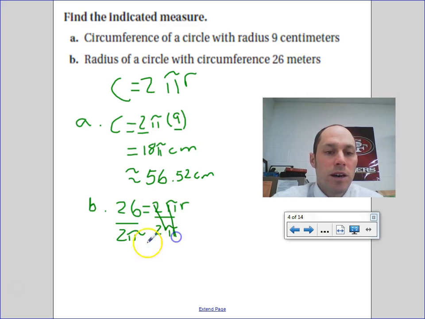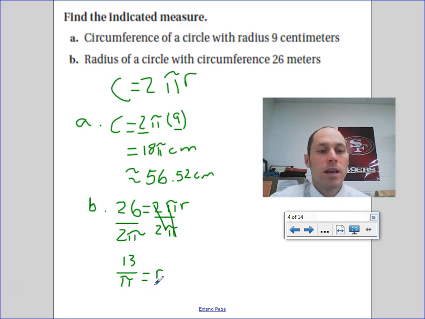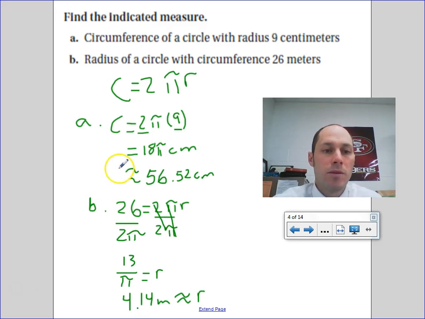And that would give me r, so 26 divided by 2 is 13. 13 divided by pi would be my radius. And to approximate that, 13 divided by 3.14, I get about 4.14. And we're measuring in meters. So it'd be about 4.14 meters for my radius.